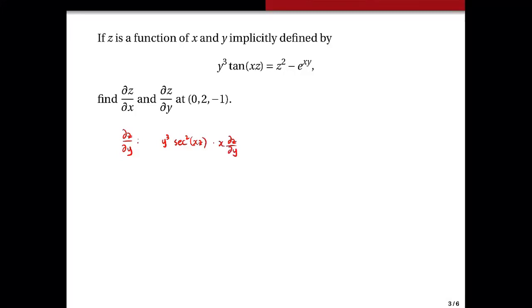So that's left derivative of right plus right derivative of left. Sorry, that's left derivative of right. And now we will have right derivative of left. So we will have 3y squared tangent xz.